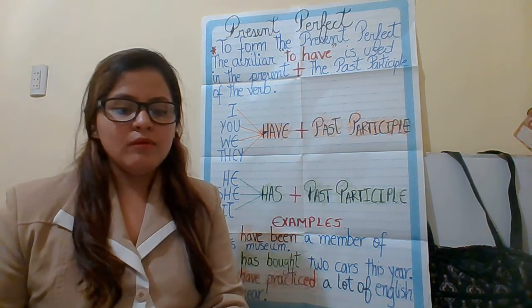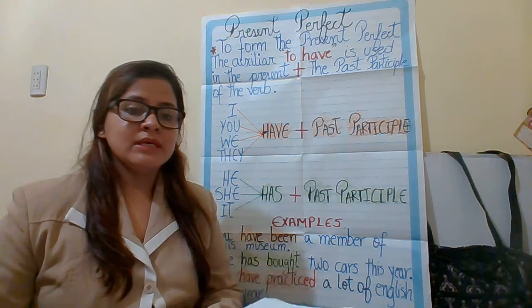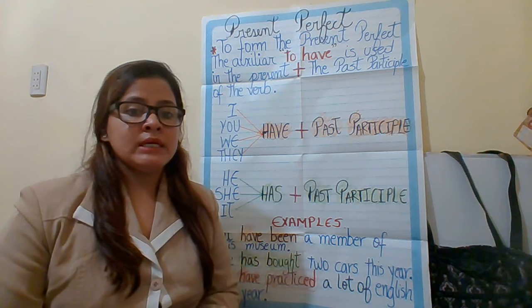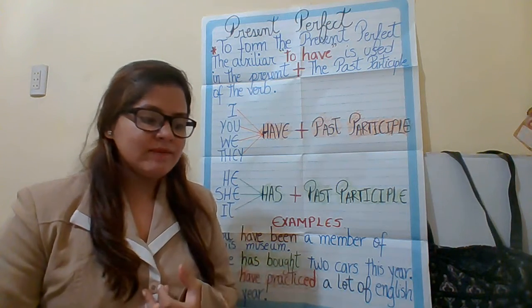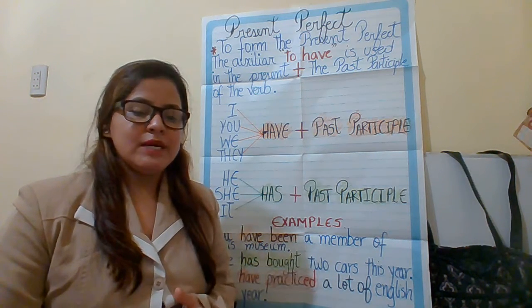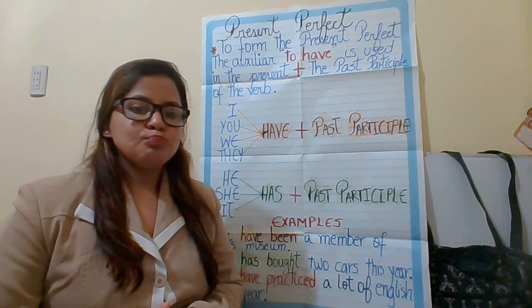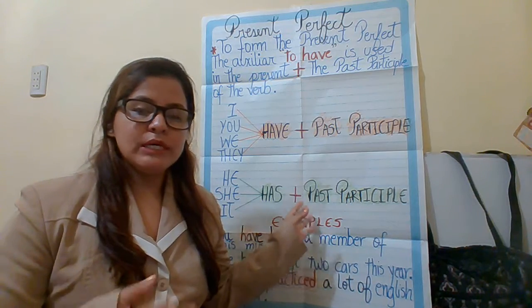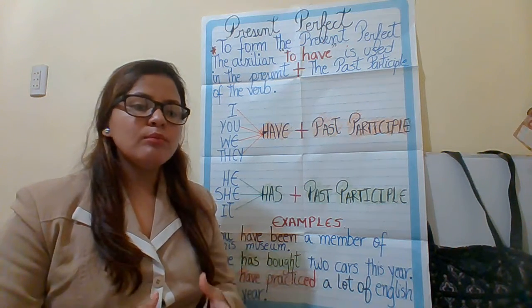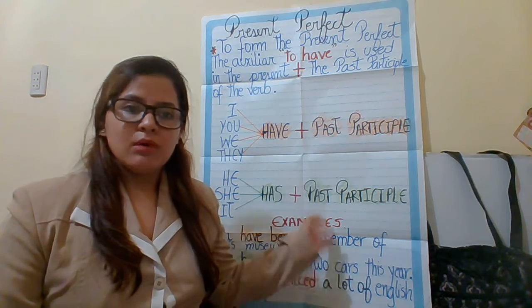The first point is the objectives, where we will be able to identify and follow the instructions about the topic present perfect, name the new vocabulary words, recognize the vocabulary words, and also construct their own paragraph, example or sentence in a correct way about the topic.